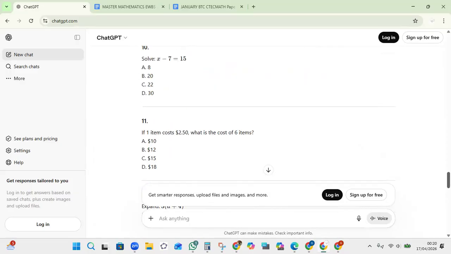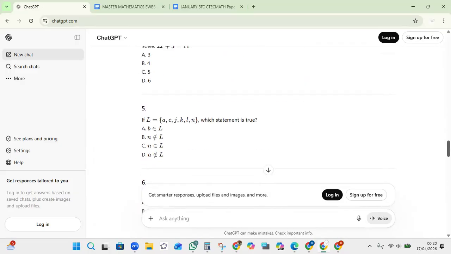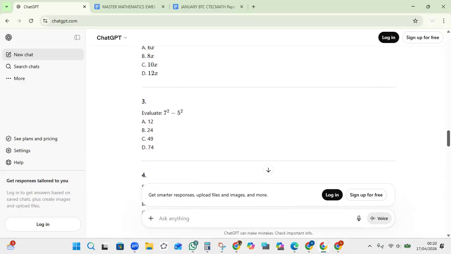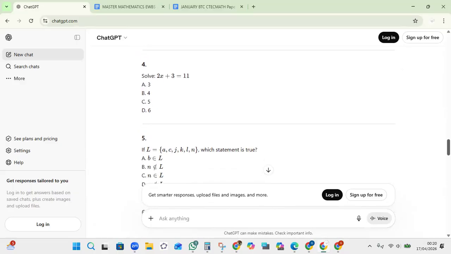For example, if you have difficulty understanding why the solution is 3 for number 4, you can tell it, for example, explain the solution for question number 4.